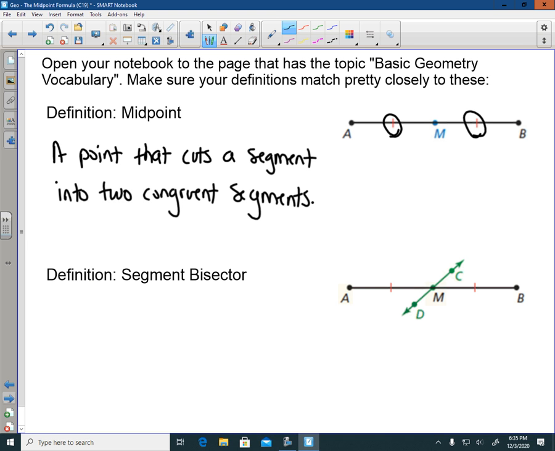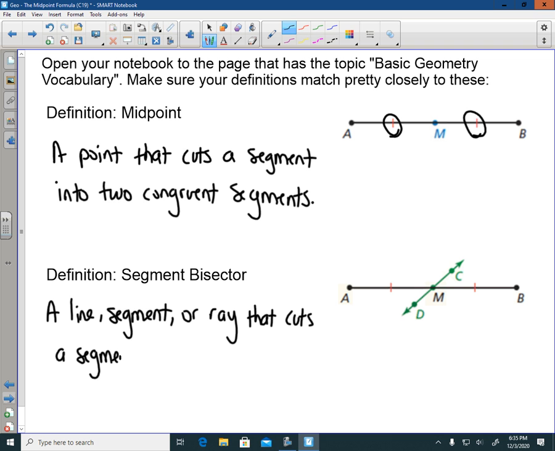A segment bisector is a line, segment, or ray that cuts a segment into two congruent segments.